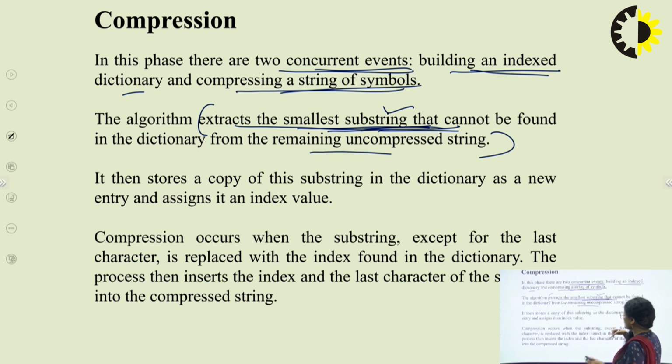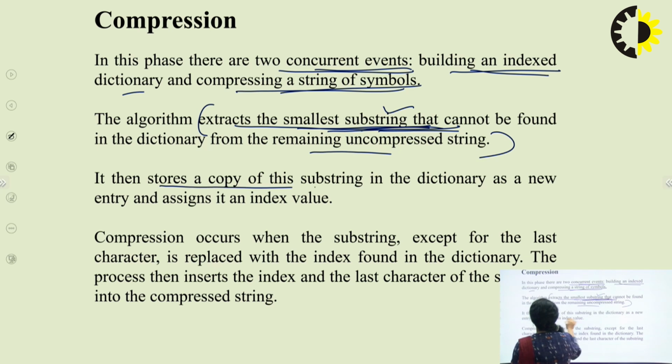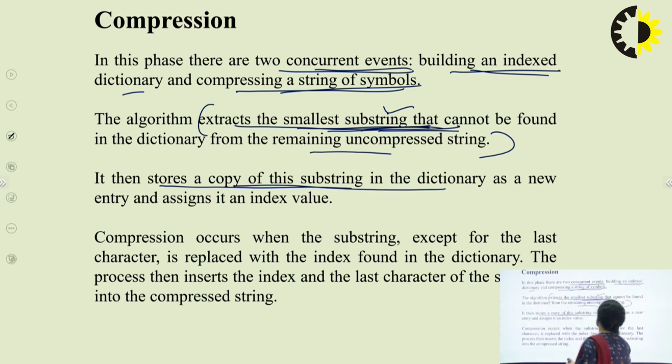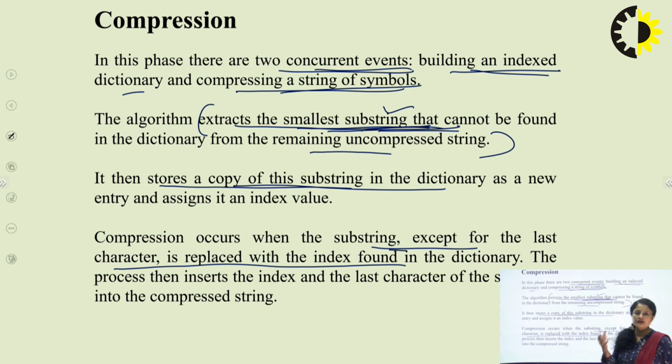As we add it, we store a copy of the substring in the dictionary as a new entry, and we assign a new index to it. Compression occurs when, during compression, whatever substrings we get, we replace them with the index found in the dictionary.